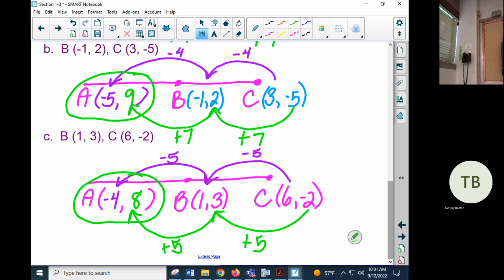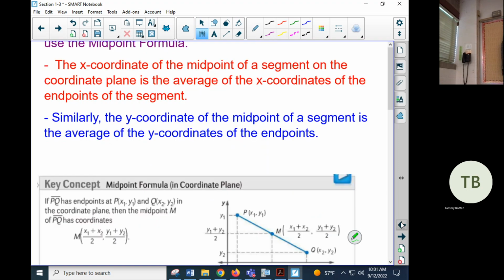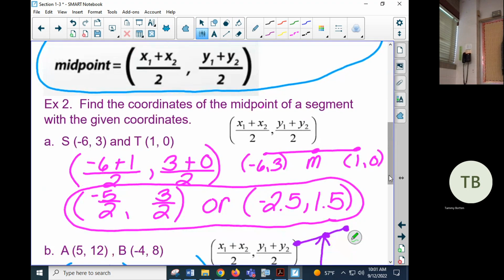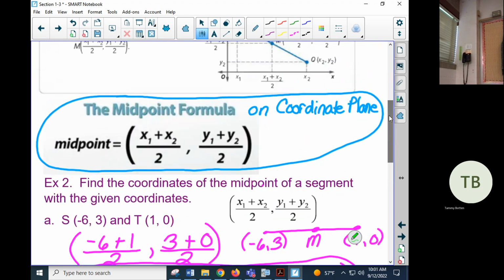So again, when you're doing your assignment today, and especially when you do your quiz on Thursday, you have to know when to do which way. And you could maybe write this on your cheat sheet, say something like, use when given endpoints.